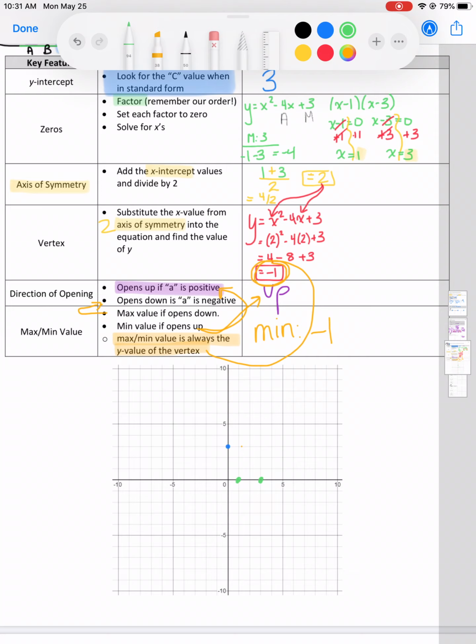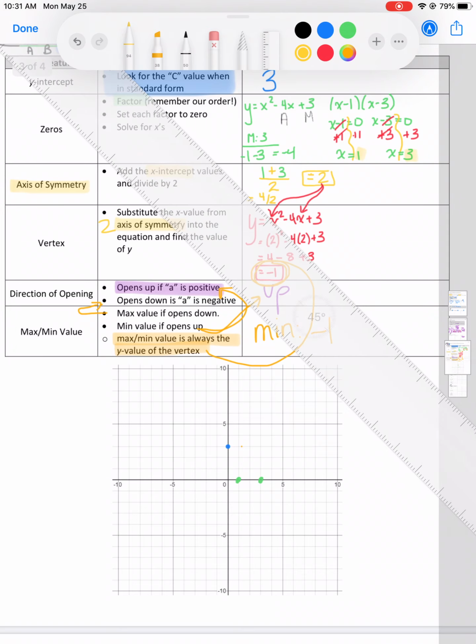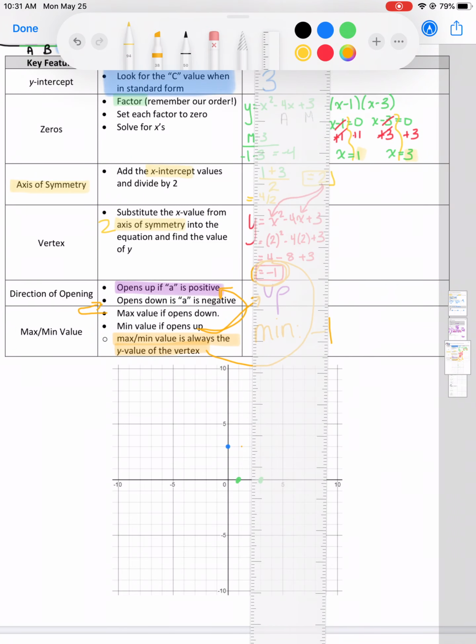Add the two values, so that means that's that mirror point. If you guys forgot, it's the point where if I were to put a mirror on that spot, my parabola will look exactly the same in the mirror as it does on the page. So my axis of symmetry is at 2, when x is equal to 2.